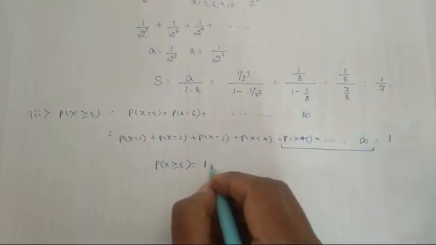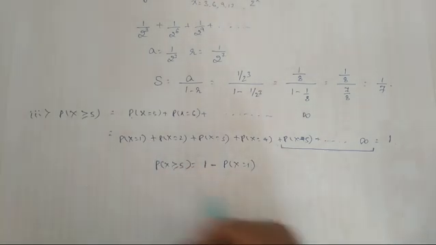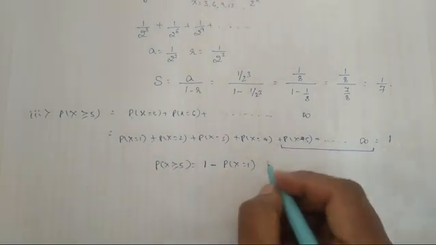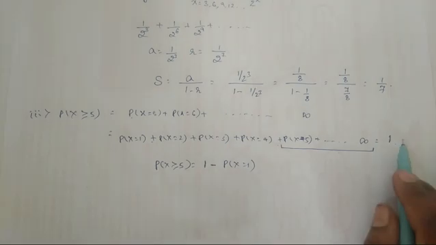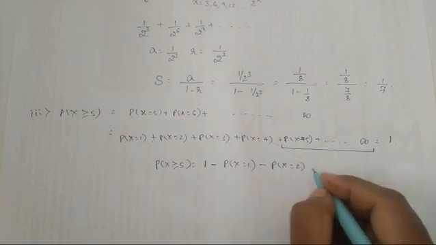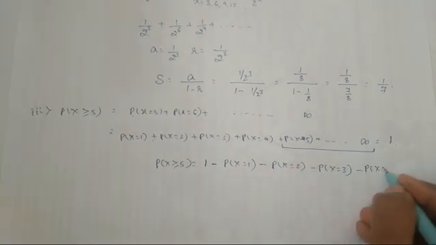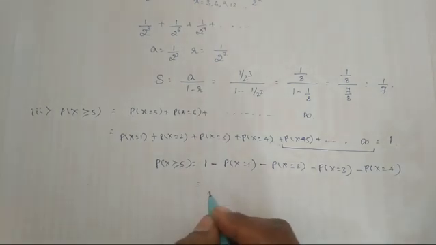If a plus term goes to the other side of the equals sign, it will become negative. So minus p of x is equal to 1, minus p of x is equal to 2, minus p of x is equal to 3, minus p of x is equal to 4.